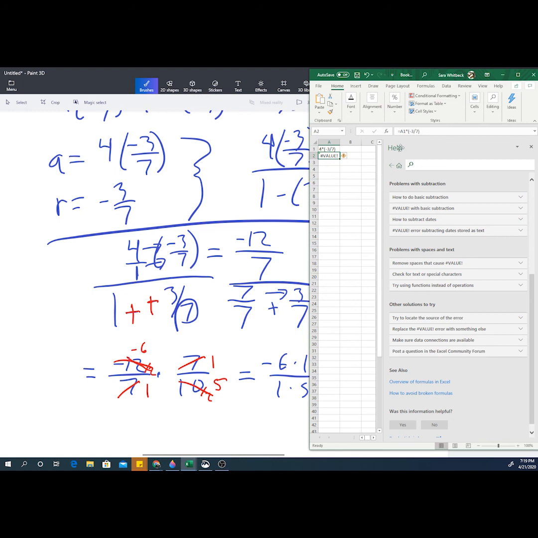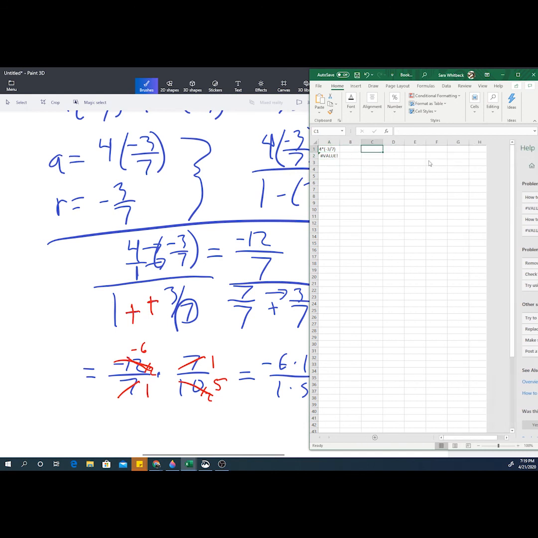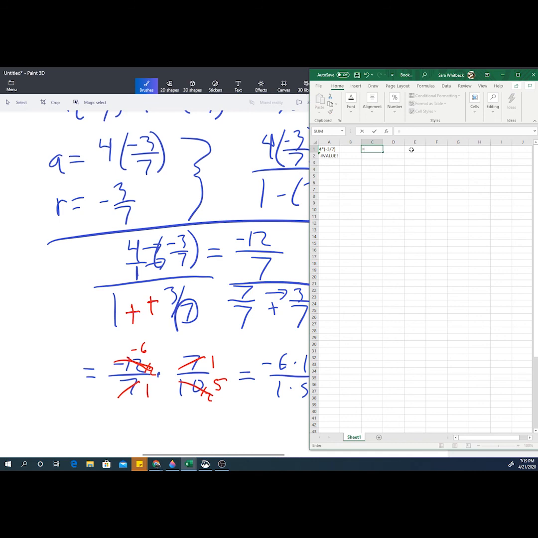I don't want to just get rid of the negative because my terms are going to alternate between positive and negative, and that's going to have a huge effect on my value. So here's what I'm going to do instead. I'm going to find out what -3/7 is equal to, and I'm going to use that value instead.